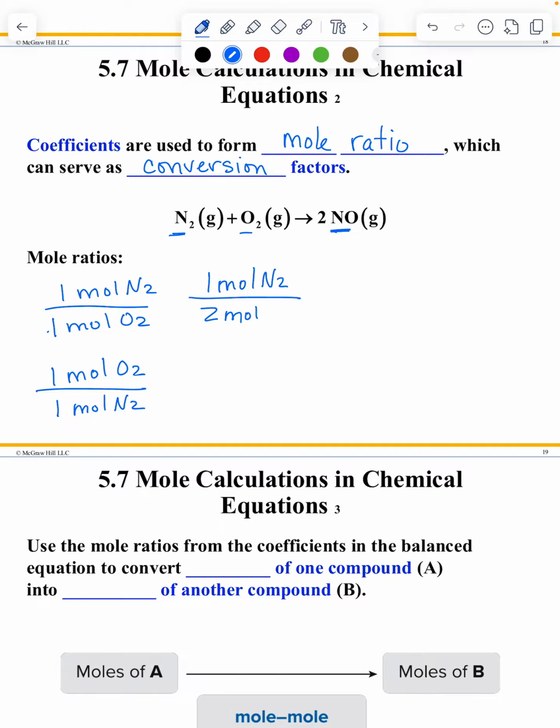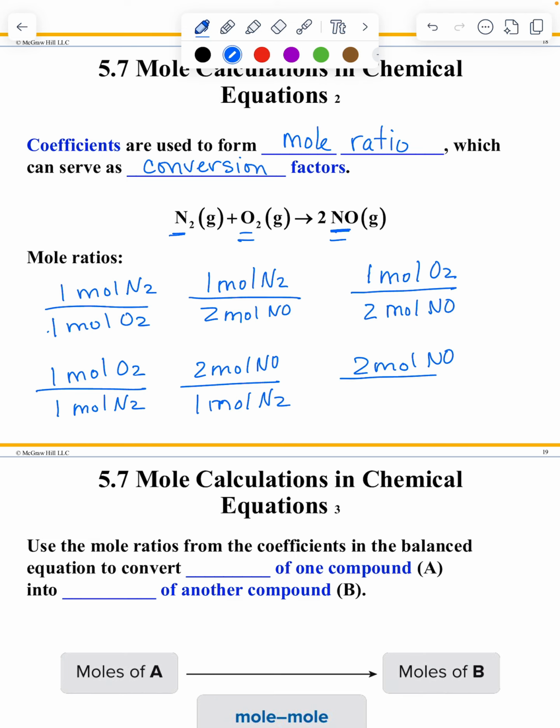And lastly, we could relate oxygen gas and NO, and the equation tells us 1 mole of O2 for every 2 moles of NO, and then we flip that. So as you can see, we have a number of conversion factors that we can use to solve lots of problems with this one balanced equation.